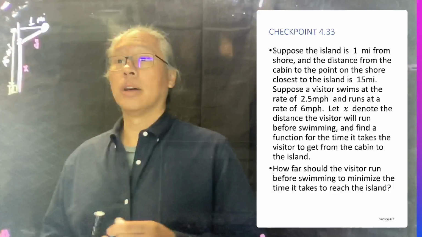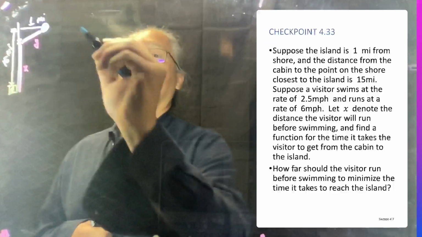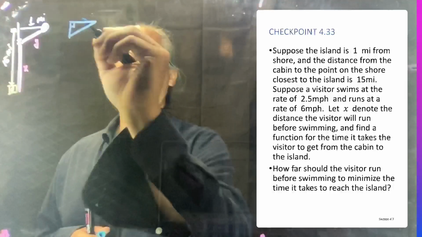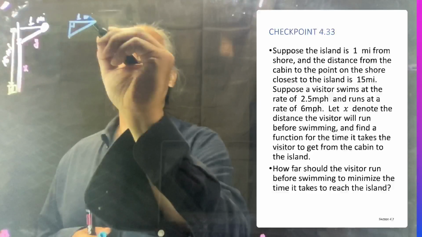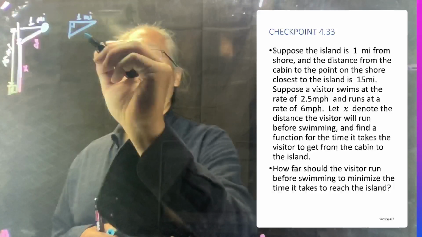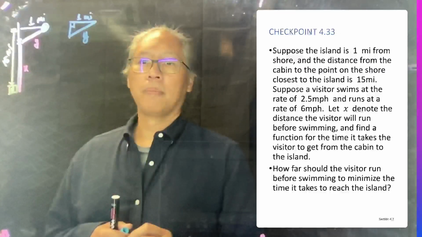So let us redraw this triangle. This will be a right triangle. And this we know is 1 mile. And this is what we're looking for.